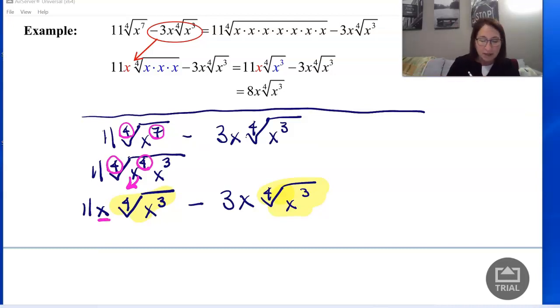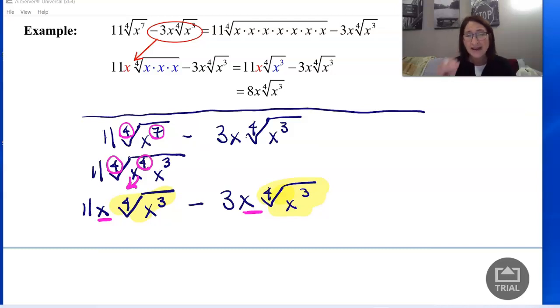The variables have to be like variables, just like in algebra when we have like terms. So I need to have the same variable raised to the same power, which I do in this case.